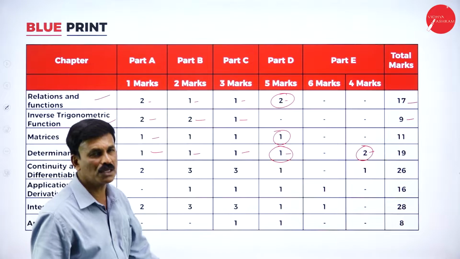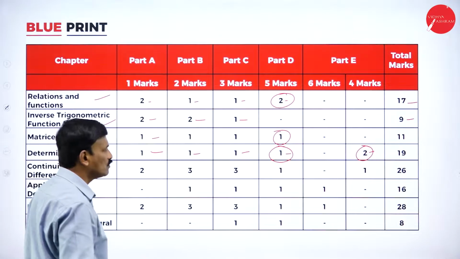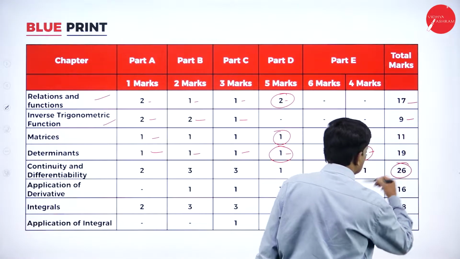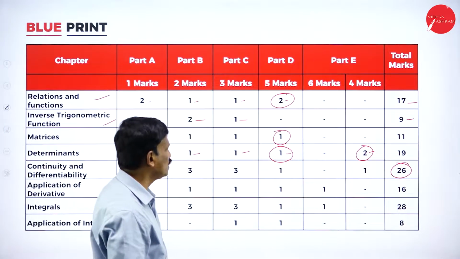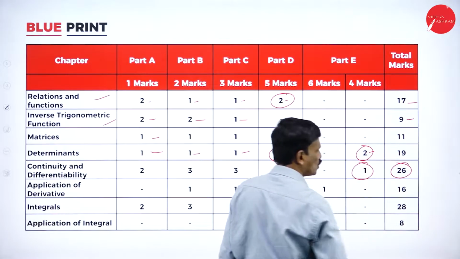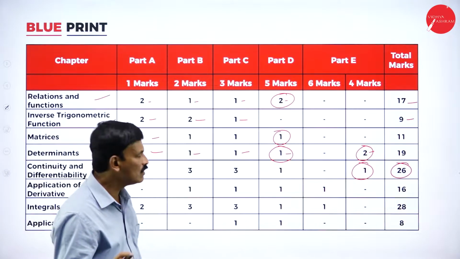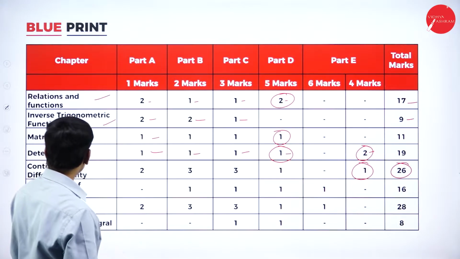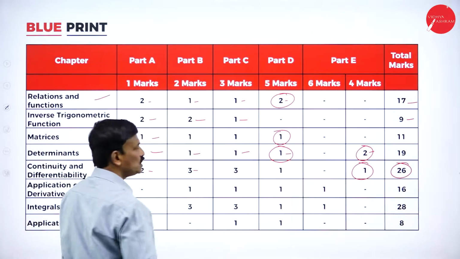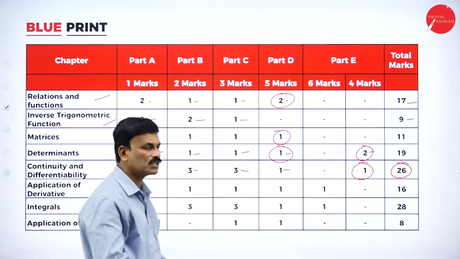using the matrix method. Now, in continuity, let us come to the next very important chapter, and the maximum marks you are going to get is from continuity and differentiability. In continuity and differentiability you will have one 4-mark question in continuity, that is in part E. You will have two 1-mark questions, three 2-mark questions, a 3-mark question and one 5-mark question.